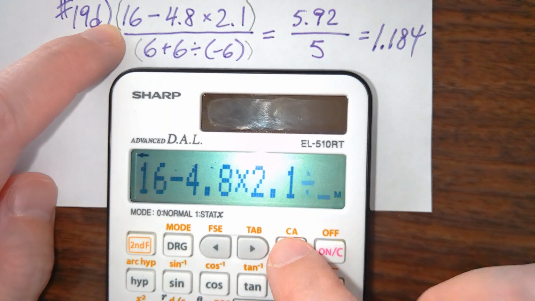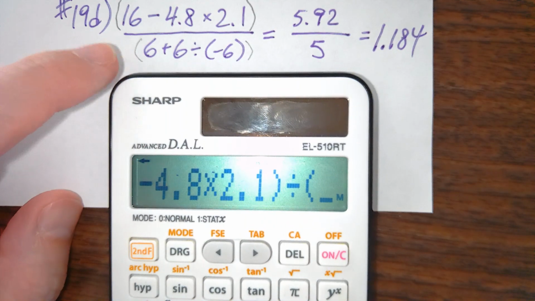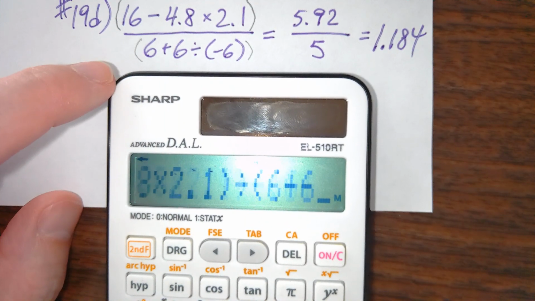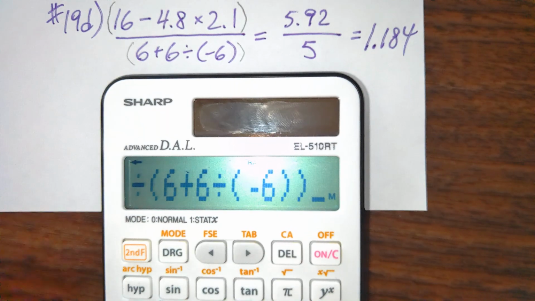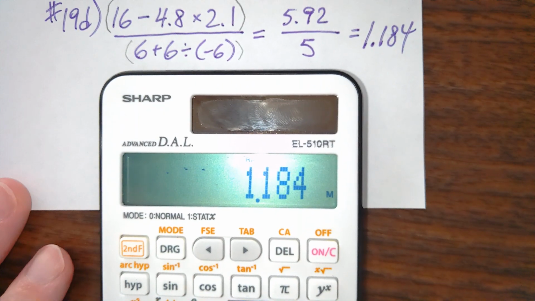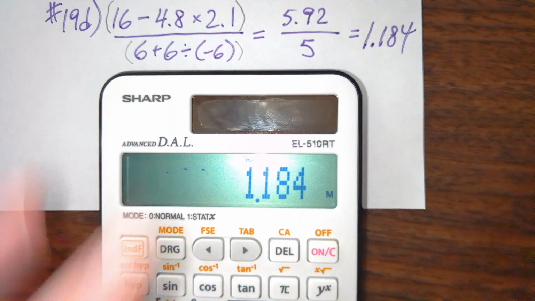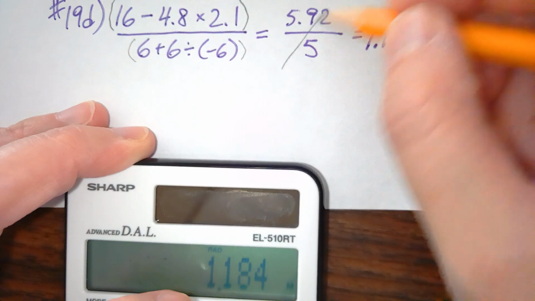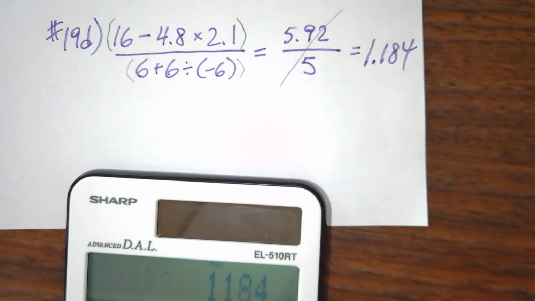Close the bracket, divided by, open another bracket, 6 plus 6 divided by negative 6. Close the bracket, and guess what? I get my answer right away. So on the test, I don't need to see this step. It's only worth 1 mark because it's just decimals.